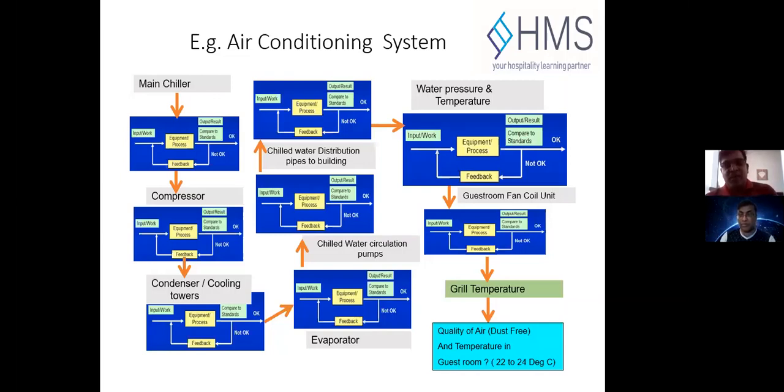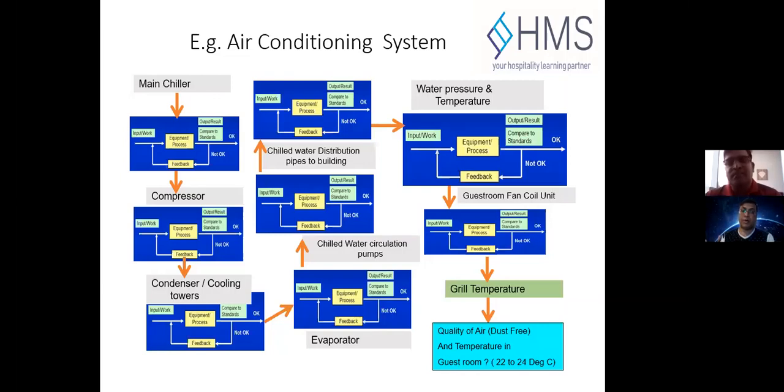So if in between this cycle one has failed, it means you are not able to achieve the desired output. Oh, this is a very fascinating system. So yeah, it clearly shows that the hotel systems are highly integrated with one another. So if a system doesn't work properly, it will affect the entire chain to get a normal temperature. This is the building integrated system.